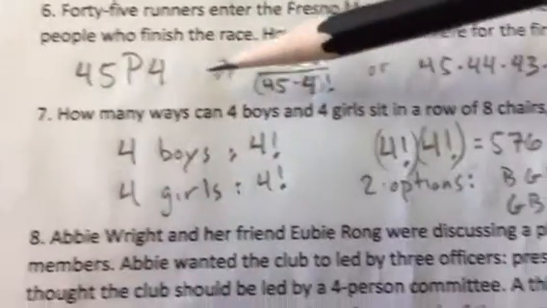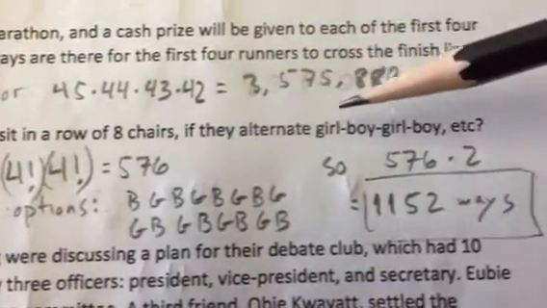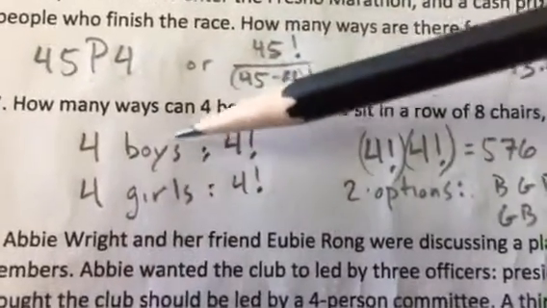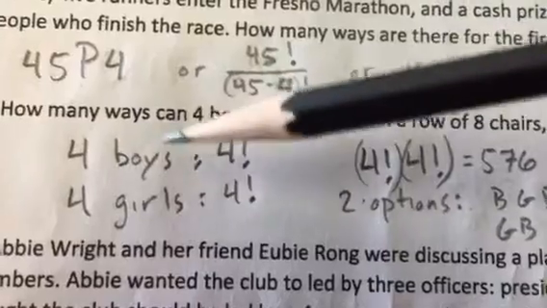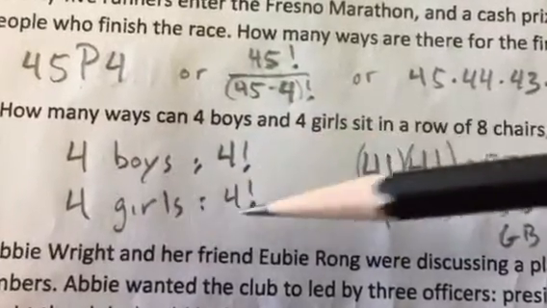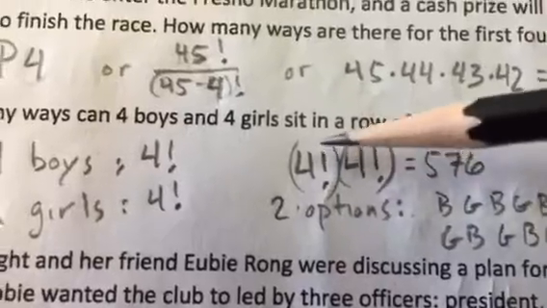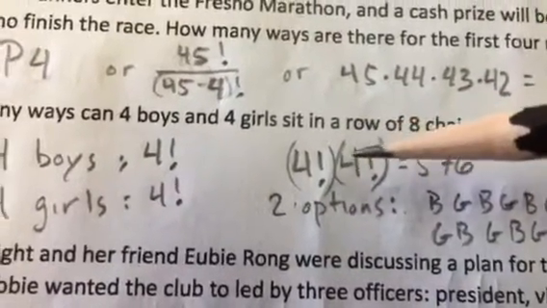Next problem. How many ways can 4 boys and 4 girls sit in a row of 8 chairs if they alternate girl, boy, etc.? Well, okay. The way you can put 4 boys in order is 4 factorial, and same with the girls. And since we can have each of those, they would be multiplied with each other.